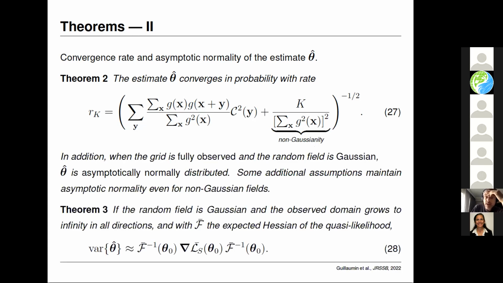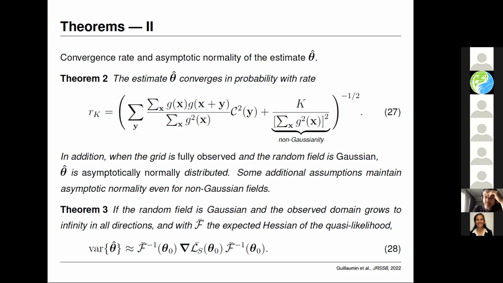And when the grid is fully observed and the field is Gaussian, then theta hat is asymptotically normally distributed, which is really good for us and attractive for all of us. And then with some additional assumptions, they maintain this normality even for non-Gaussian fields, and then of course the appropriate corrections.